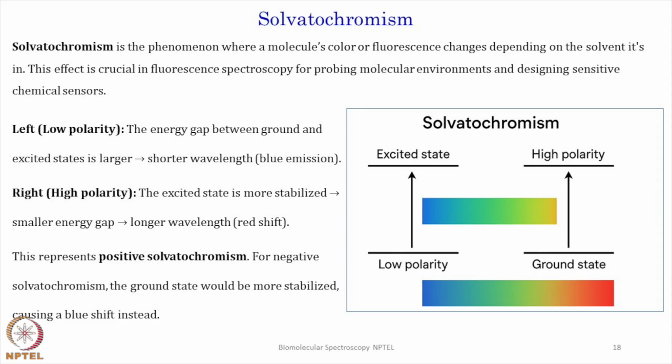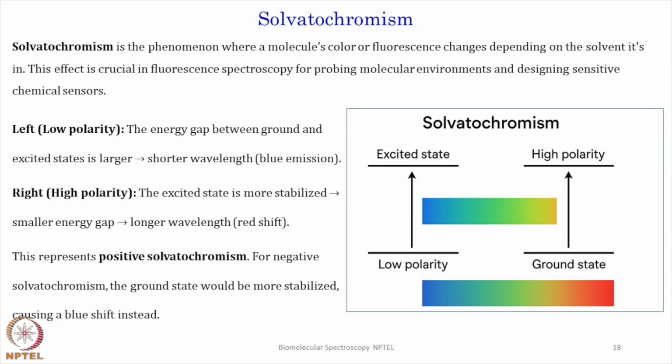So, all of this that we discussed is called the solvatochromic effect. It is a phenomenon where a molecule's color or fluorescence changes depending upon the solvent that is present, right. This effect is crucial in fluorescence for probing the molecular motion, the molecular environment, the relaxation property and all those.